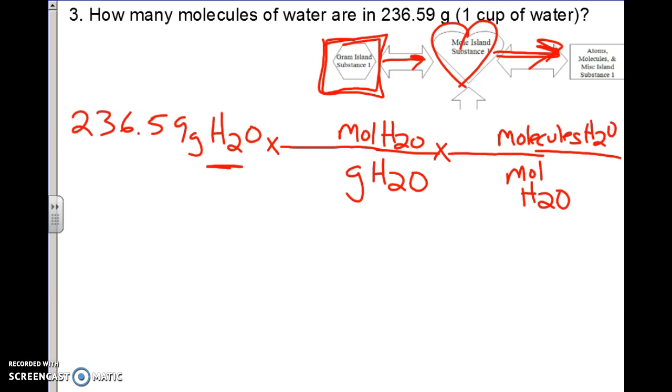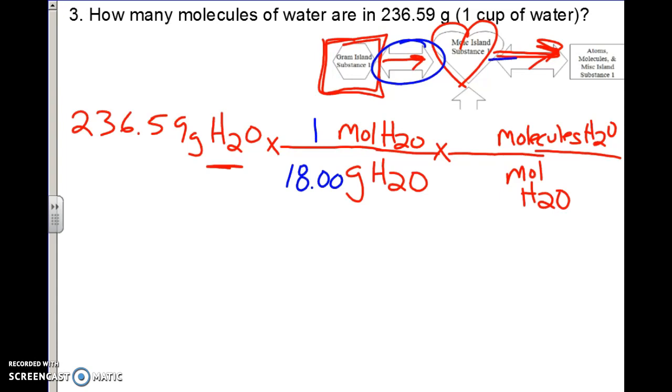And now we simply have to put in numbers. So this bridge right here, again, is periodic table, molar mass, grams per mole, whatever you want to call that bridge. But that involves going to the periodic table and getting the mass of water. The mass of water is 18.00 grams in 1 mole.